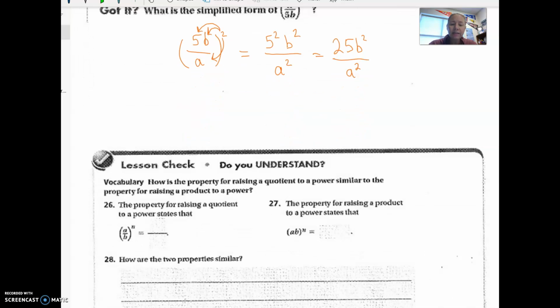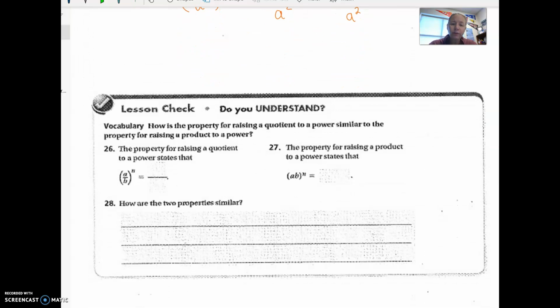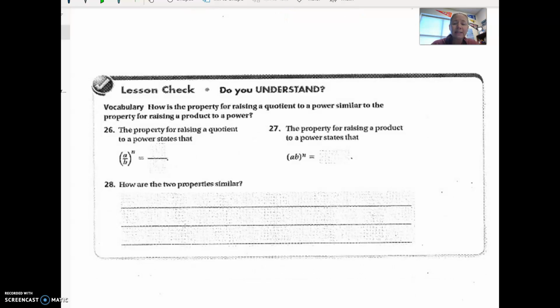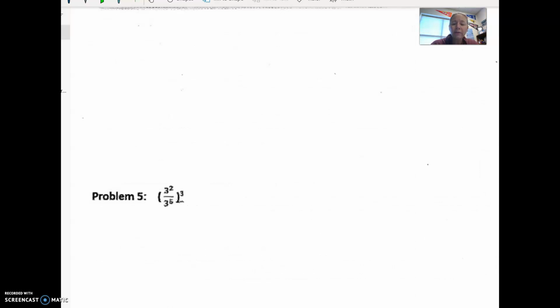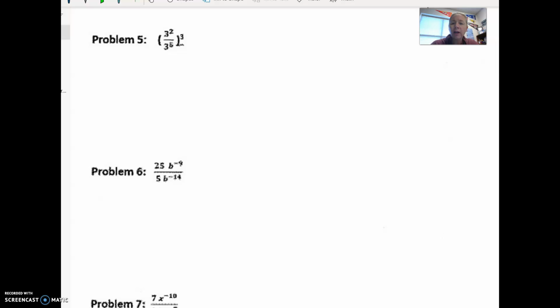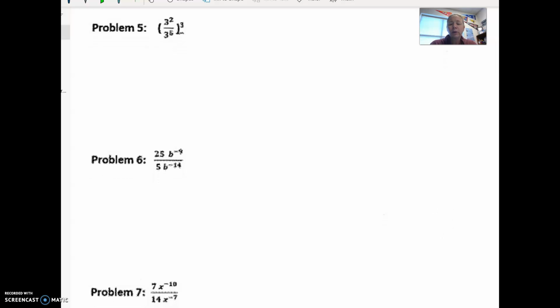So we have a lesson check here that just kind of reviews the two properties, but we also added in a few extra problems at the end because the book doesn't give a ton of practice. So we have 3 problems here at the end that we've added, problems 5, 6, and 7. And what I would like you to do is try each of these first.